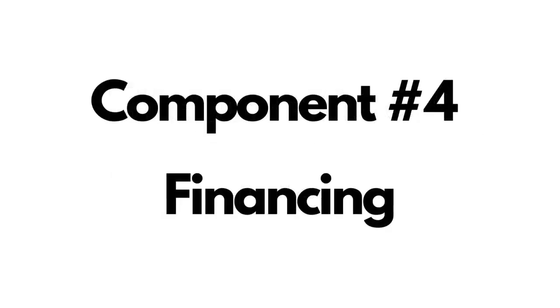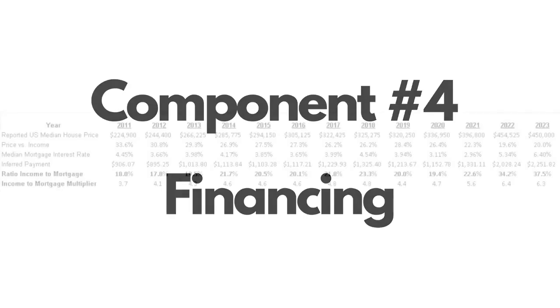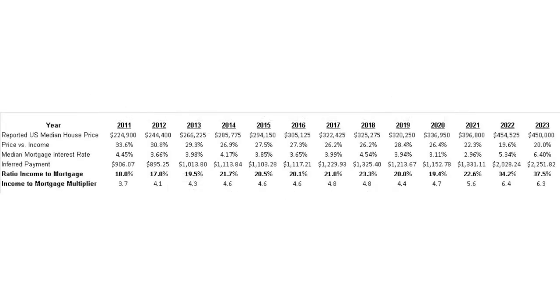Number 4, understand how financing has impacted the normal market and how that will apply in the future. Part number 4 covered that. Again, the real anchor for the housing market activity as a whole is the median household income for whatever market you happen to be covering.